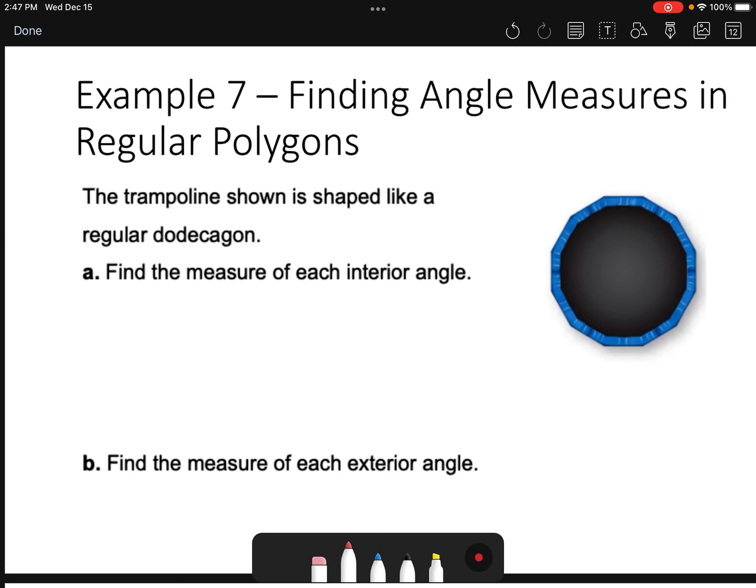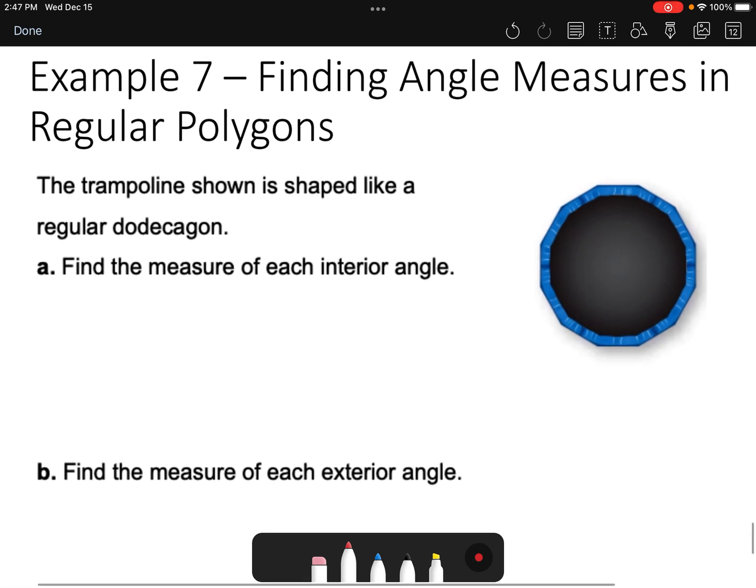Okay? Now, finding angle measures in regular polygons. Okay, regular means what? All sides and all angles are the same. So the trampoline shown is shaped like a regular dodecagon. How many sides? How many angles? 12. So find the measure of one interior angle, not the sum, one.